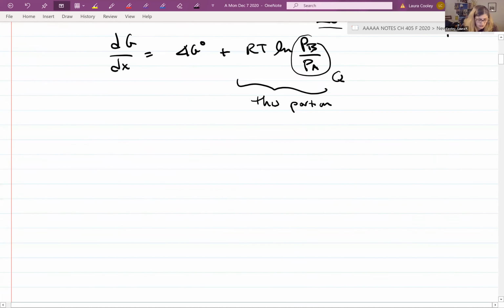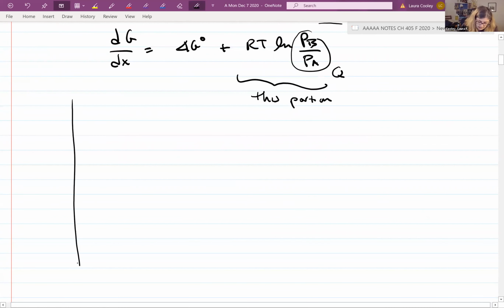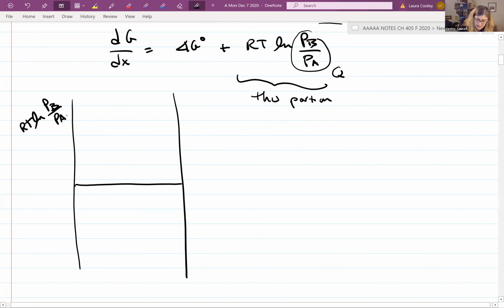if you look at it graphically, so if you just look at a graph of RT times the log of PB over PA as a function of PB, which is really the same as X. And of course, PA is 1 minus PB, the way we have this set up.